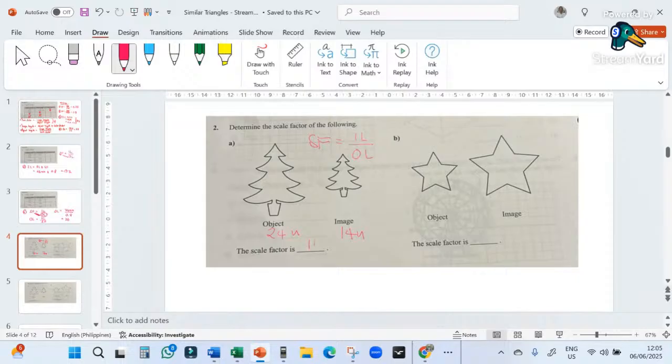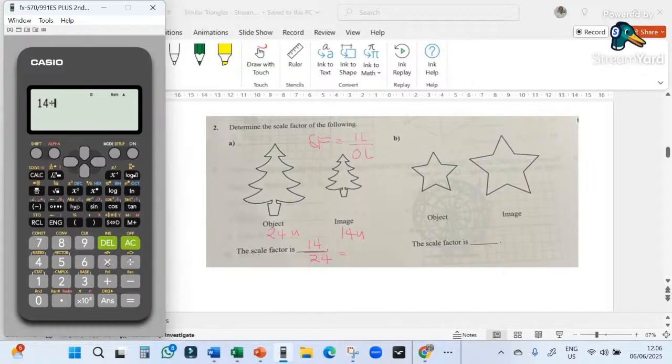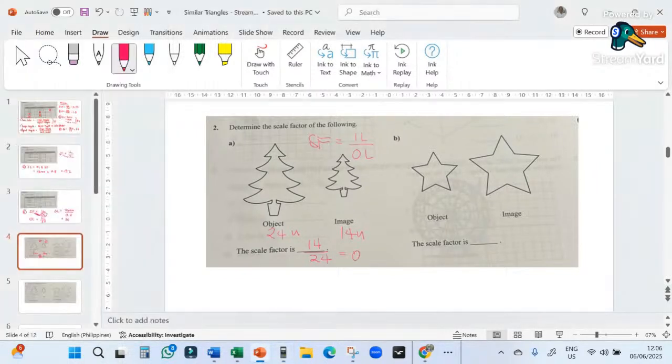The image will be 14 over 24. So 14 over 24 is equal to 7 over 12. In decimal, that will be 0.58 approximately, or 0.6 for the first decimal.